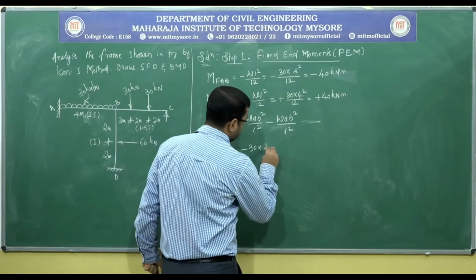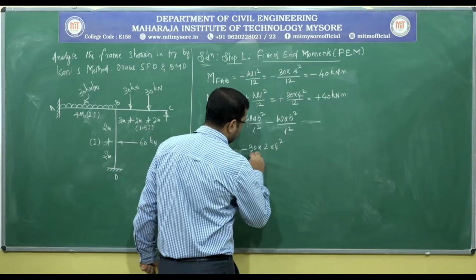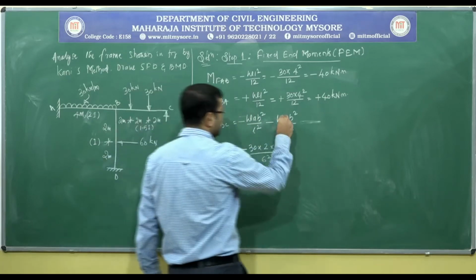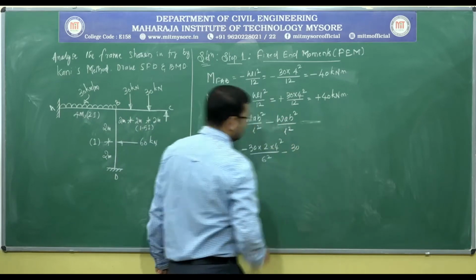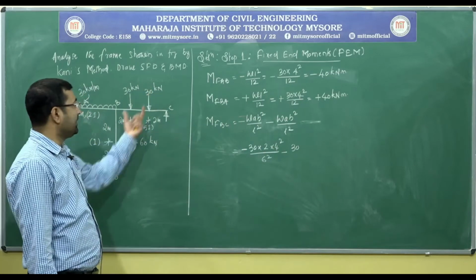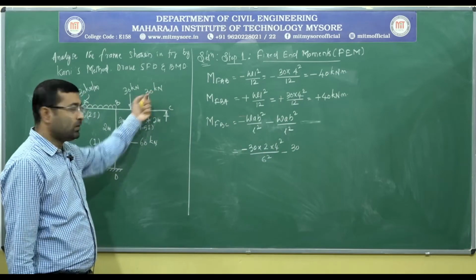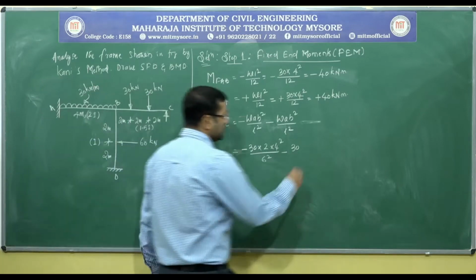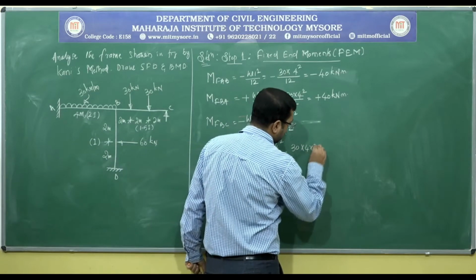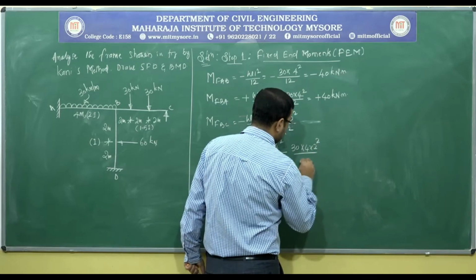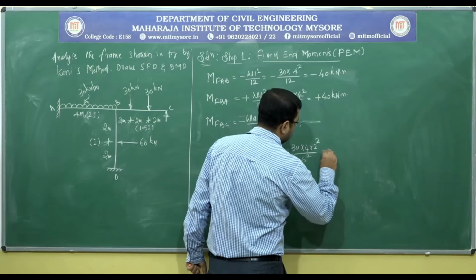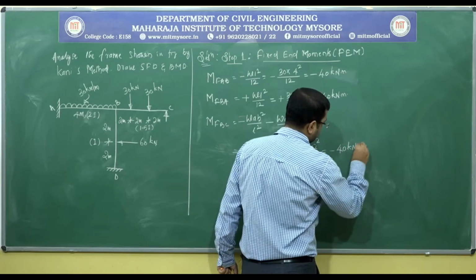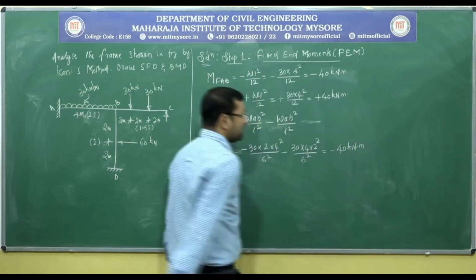So it is 2 into 4 square divided by 6 square, minus the second W, that is 30 kilonewton again. With respect to the second loading, A value is 4, B value is 2. So it is 4 into 2 square divided by 6 square. This gives you again a minus 40 kilonewton meter.